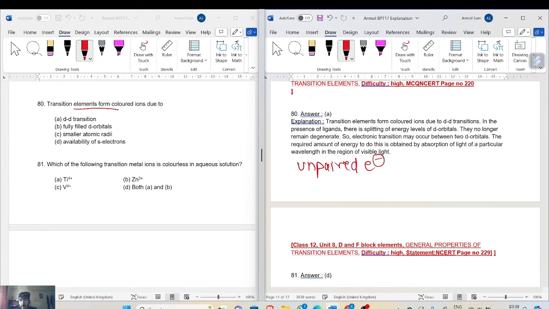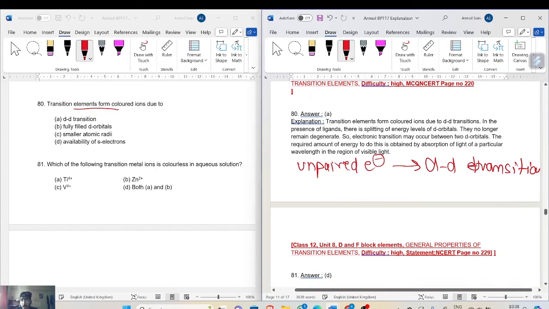So these unpaired electrons undergo d-d transition and show color. Okay, so transition elements form colored ions due to d-d transition, because there is splitting of the energy levels of d due to the presence of ligands. So they don't remain degenerate, meaning they don't have equal energy now. Okay, so they show color due to the d-d transition.